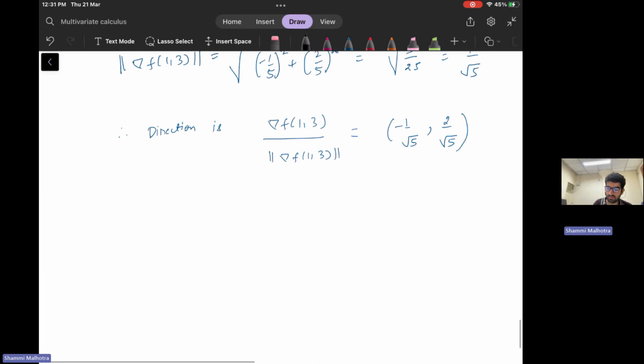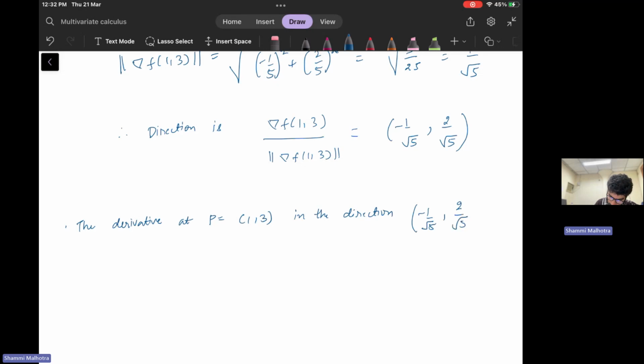So what is the derivative in the direction minus 1 by root 5, 2 by root 5?